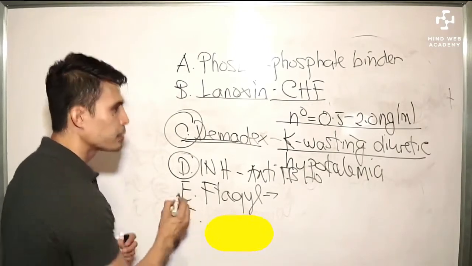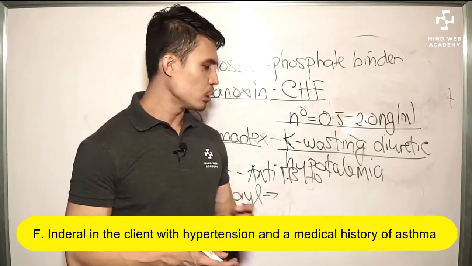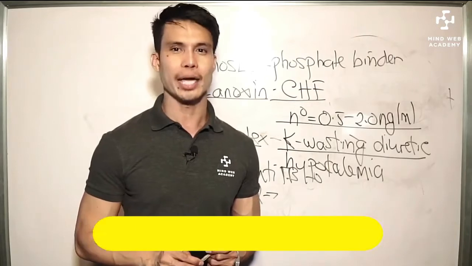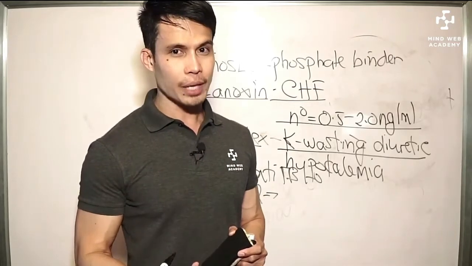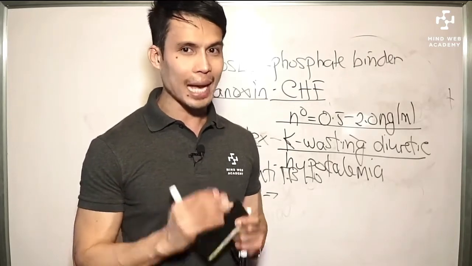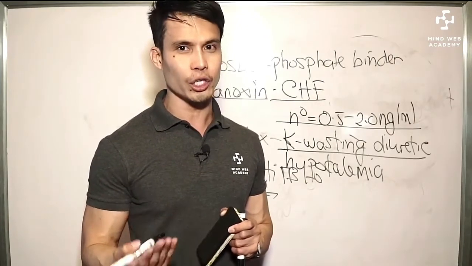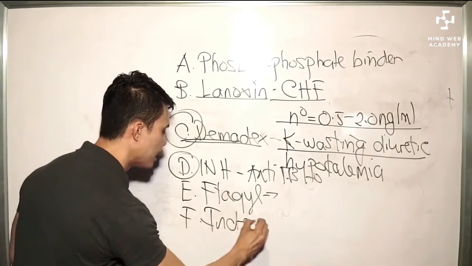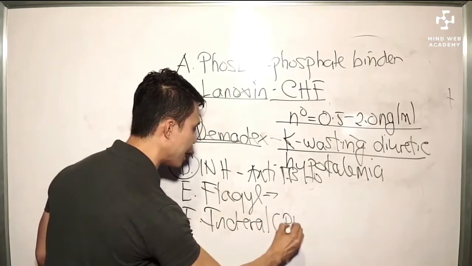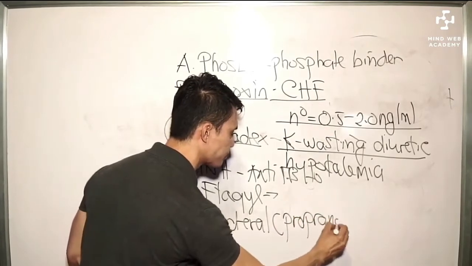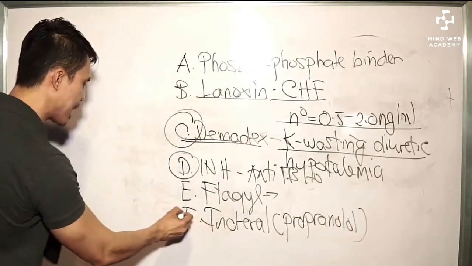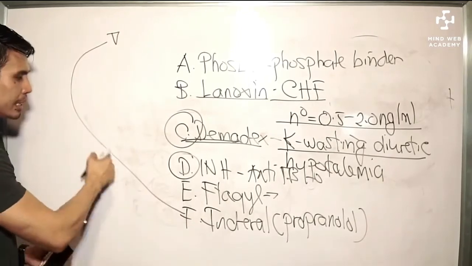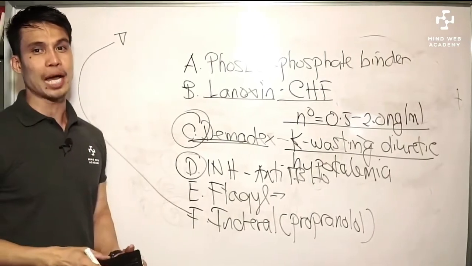So, letter F. Inderal in the client with hypertension with a medical history of asthma. Should I question this order? In your pharmacology, nurses, I have to highlight that the generic name of Inderal is propranolol.